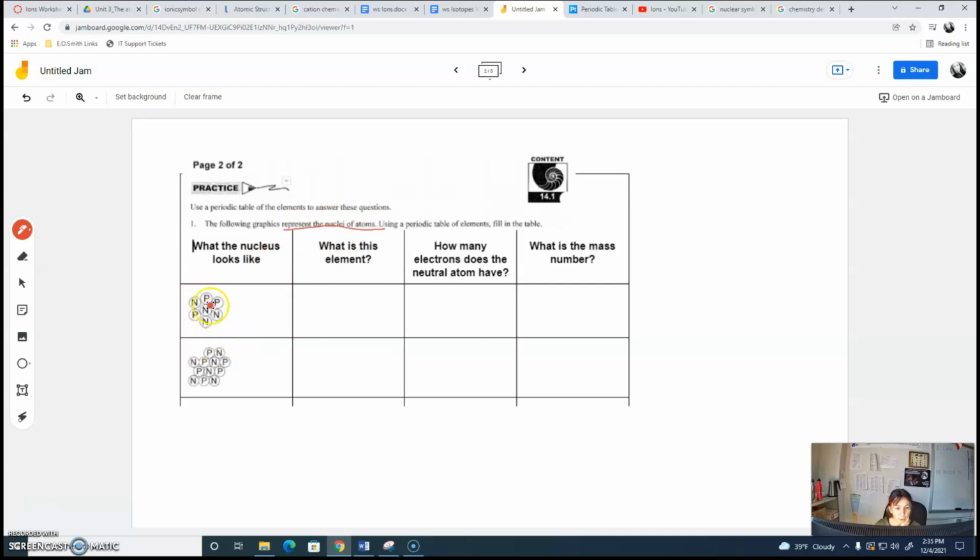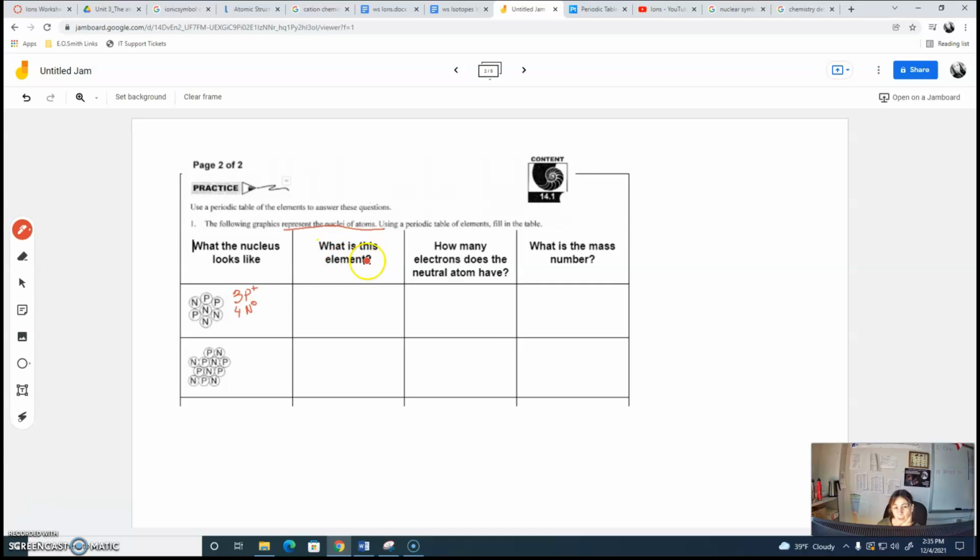In this particular nucleus, it looks like we've got 3 P's, meaning 3 protons, and 1, 2, 3, 4 neutrons. I'm going to also put my charges because I know those, and write 3 protons, 4 neutrons.